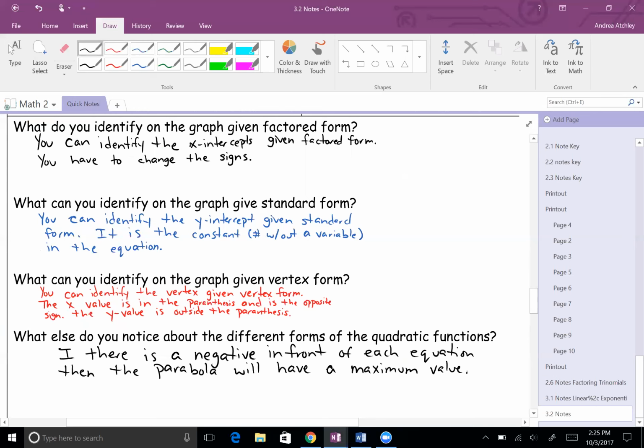Okay, so if there's a negative in front of each equation, then the parabola will have a maximum value.